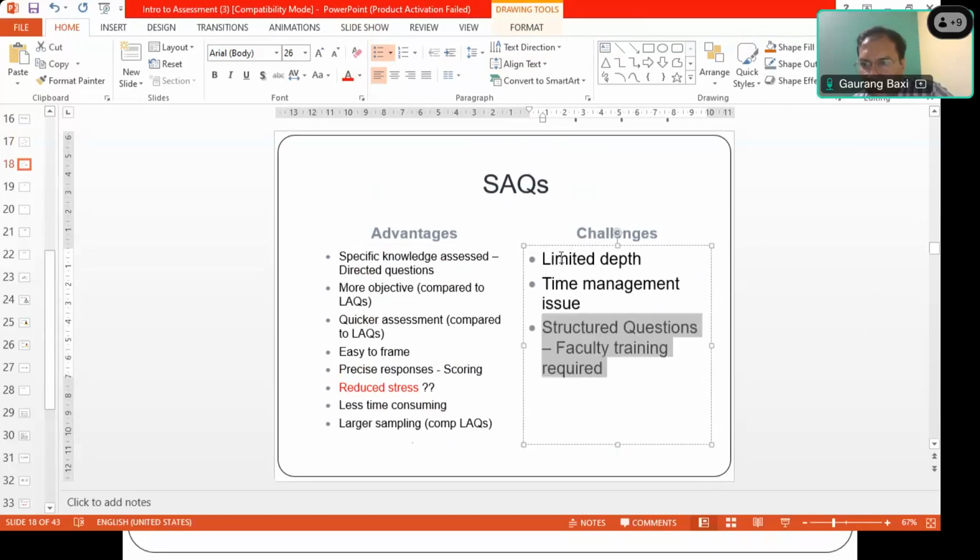Even over here, faculty training is required to help them frame structured questions. Many a time in papers we have seen that even in SAQs the questions are very open and ambiguous, so that students can write anything and everything under the sun.